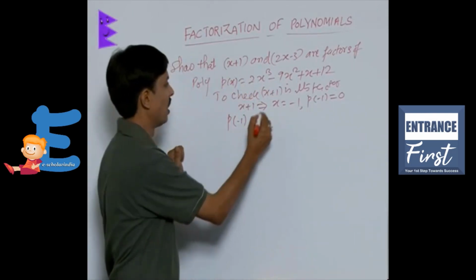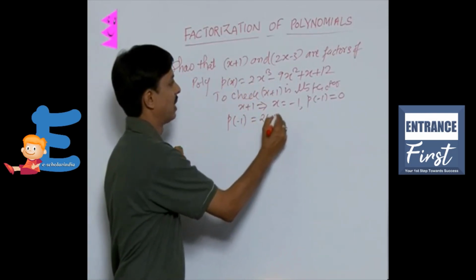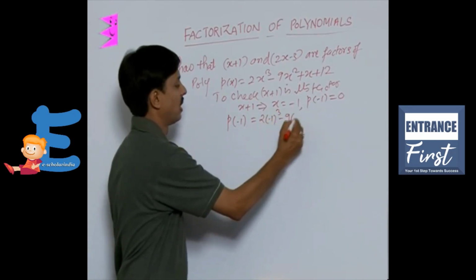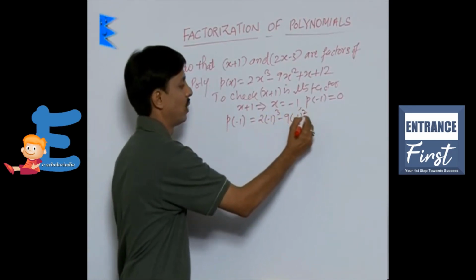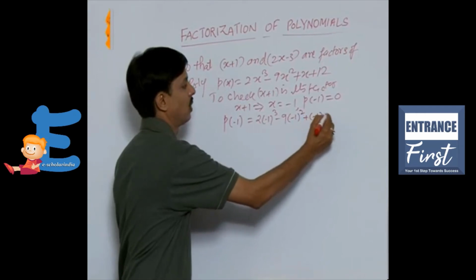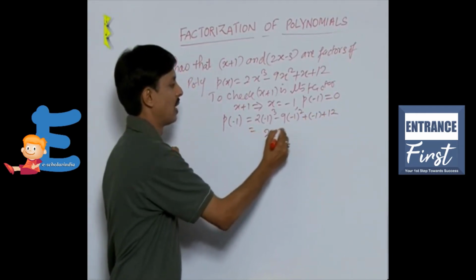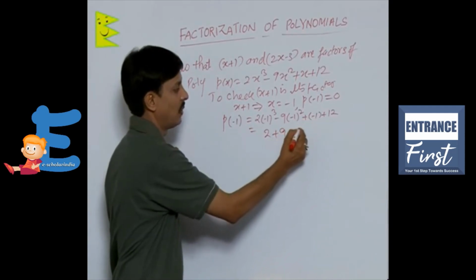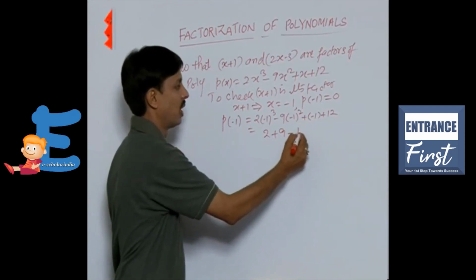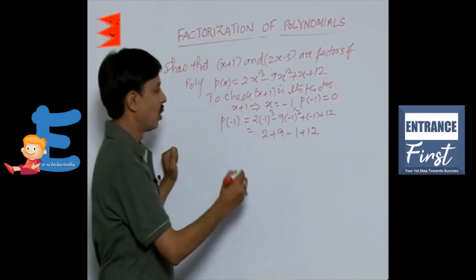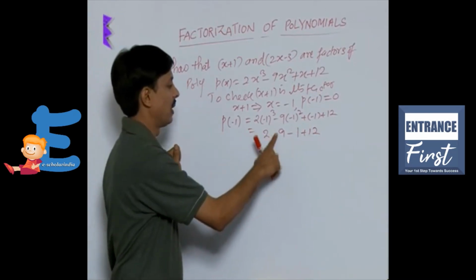The value should be 0. This becomes 2 into minus 1 whole cube minus 9 into minus 1 whole square plus minus 1 plus 12.